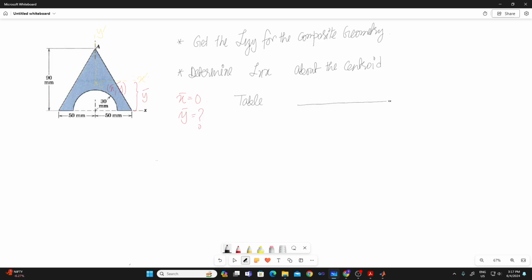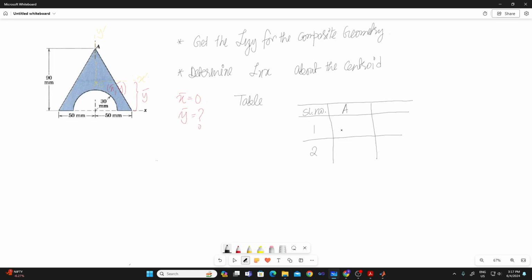As we discussed earlier, the first column would be the serial number, in which you have area 1, which is the triangle, and area 2, which is the semicircle. The second quantity that you would evaluate is the area. So A1 would be the area of the triangle. And the area of the triangle would be how much?